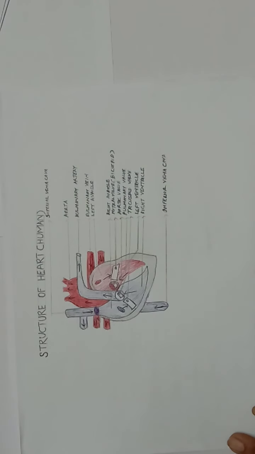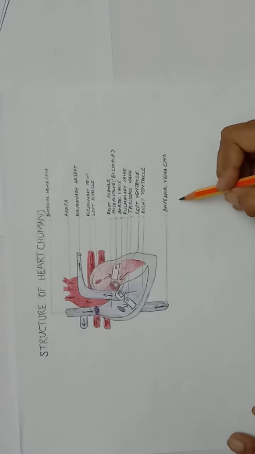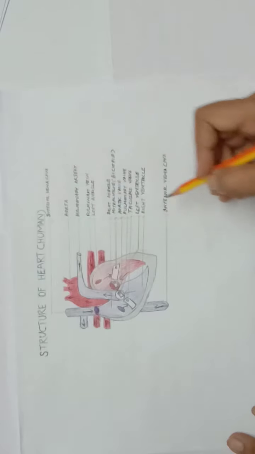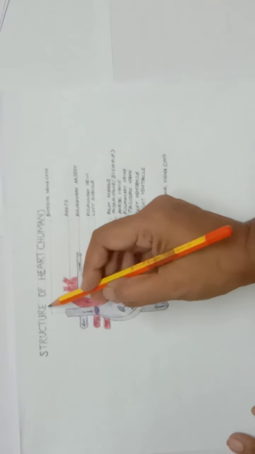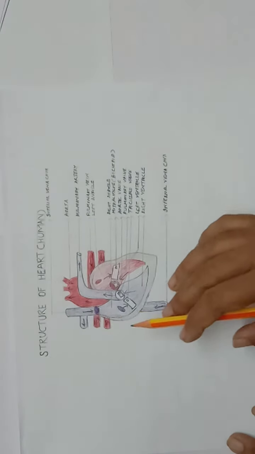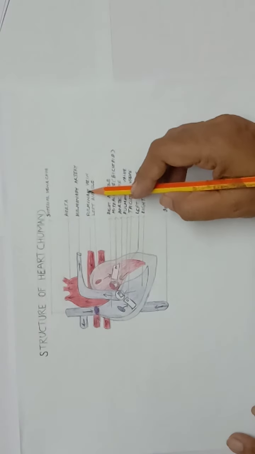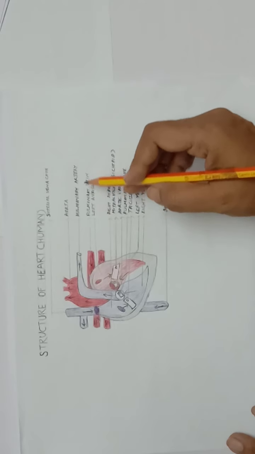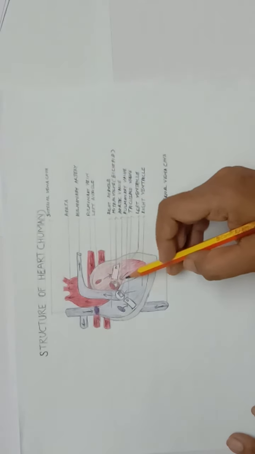The important veins associated with the heart are the superior vena cava, inferior vena cava and pulmonary vein. Superior vena cava and inferior vena cava bring deoxygenated blood from brain and body to the heart, whereas the pulmonary vein carries oxygenated blood from lungs to the heart.